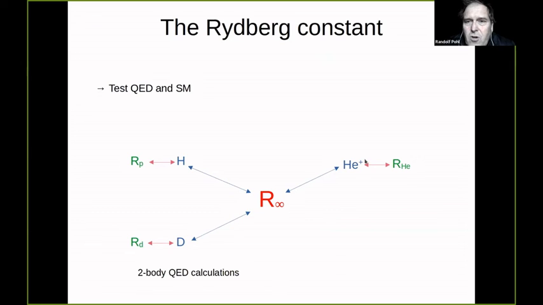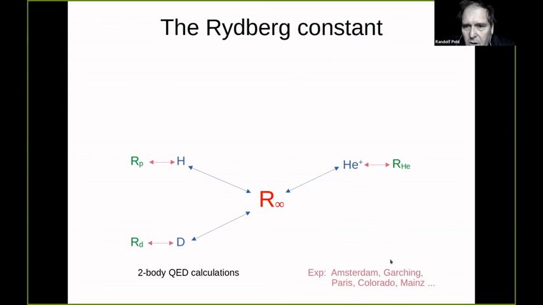You will be able to determine it from helium plus, when the experiments are done, which are going on in various places, like Amsterdam and Garching for the helium plus.